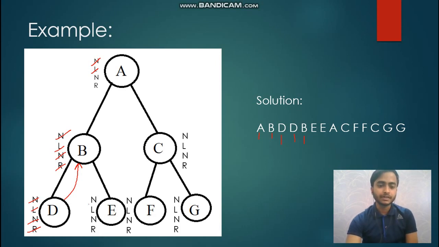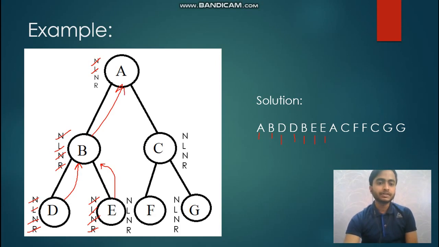First step N, print E. E is printed. Second step L, no left subtree, so traversing is not possible, ignore it. Third step is N, print E, E is printed. Last step is R, that is traverse the right subtree. Since it has no right subtree, we ignore it and trace back to B. Now we see all the steps of B are complete, so we again trace back to A.